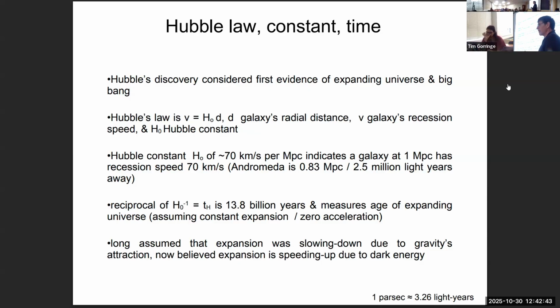It's not been accelerating or decelerating since the Big Bang that produced the universe. So if you take the inverse of the Hubble constant, 70 kilometers per second per megaparsec, it is a time, although that's a funny combination of units. If you put it in units of billions of years, it's 14 billion years.